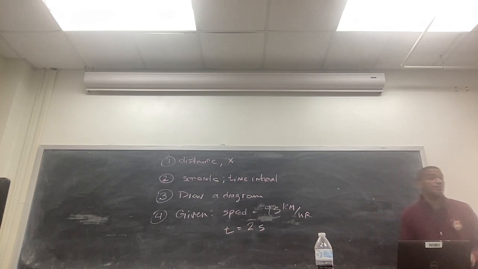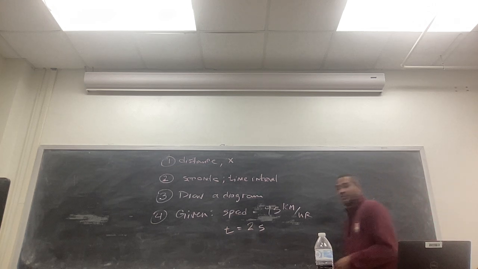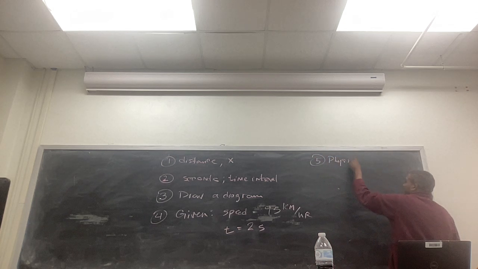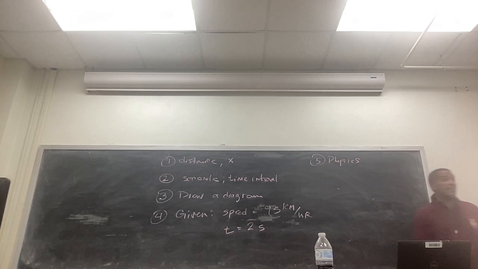What equation are we gonna use? The physics. What people call physics, right? So step 5 is what's the physics? What's the equation? That's all that is. What's the equation we're gonna use to solve the problem?